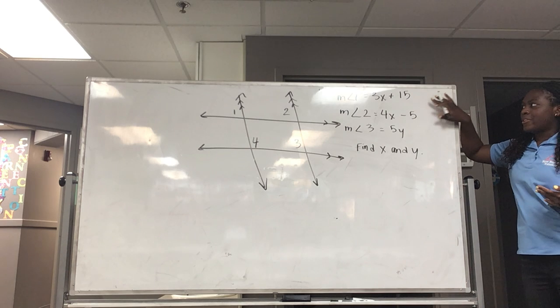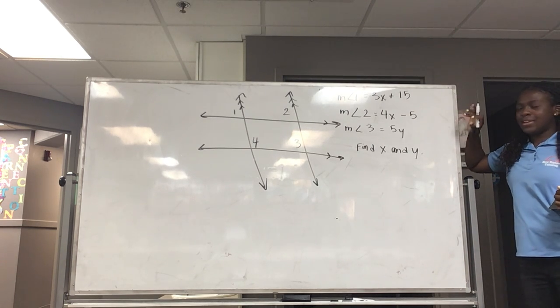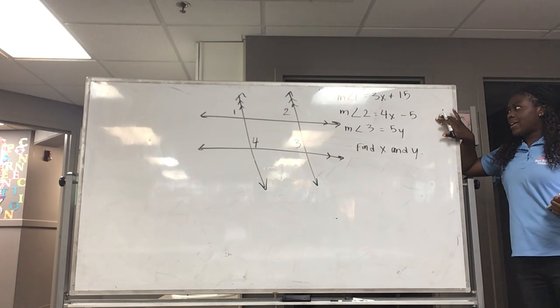And then I told you that the measurement of angle 1 is 3x plus 15. The measurement of angle 2 is 4x minus 5.